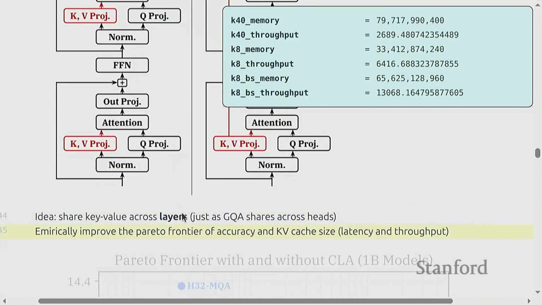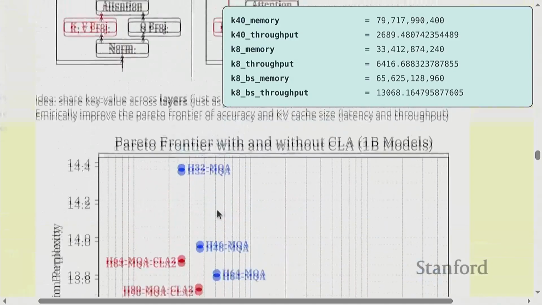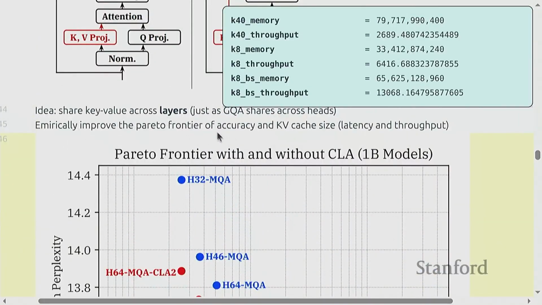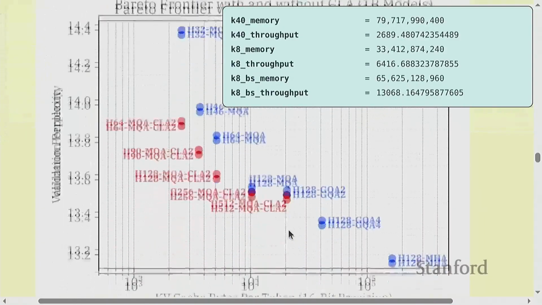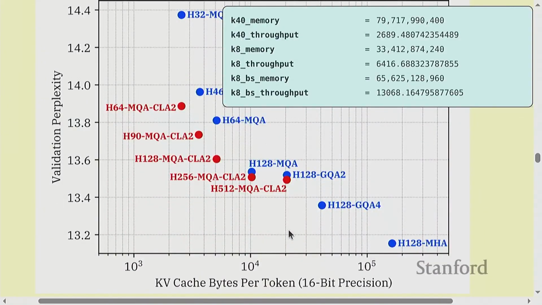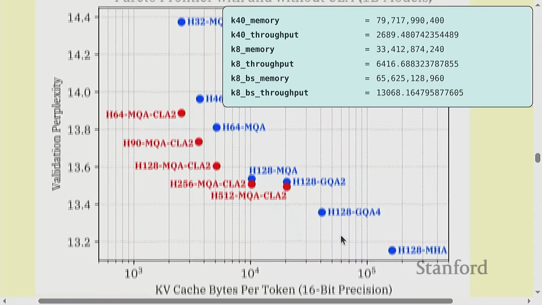So here they show that they empirically improve the Pareto frontier of accuracy and KV cache size. The KV cache size, which relates to throughput and latency, you want to be small, and you want the perplexity also to be small. So they're able to improve that.